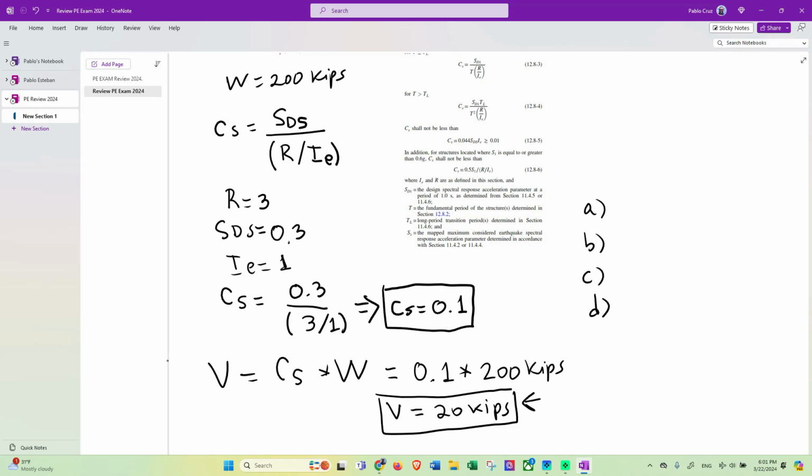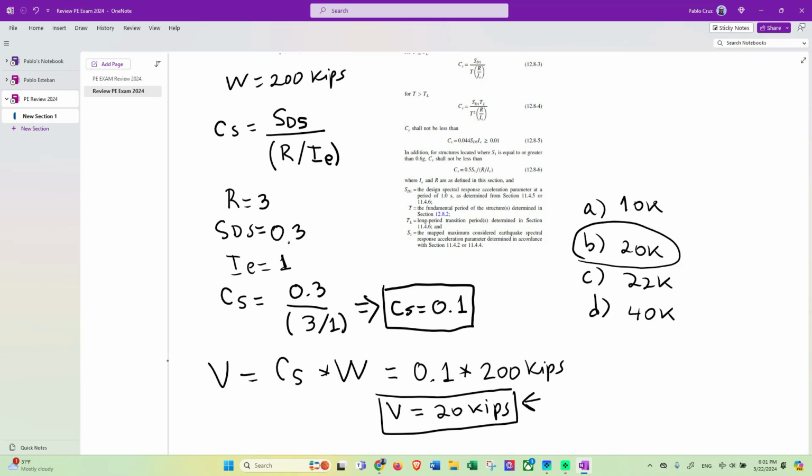One of these options is probably going to be 10 kips. I'm just making it up. Probably 20 kips, 22 kips, and 40 kips, something like that. Then you need to choose the option, which in this case will be 20 kips. That's approximately the way, and it could be one of the ways they do it.